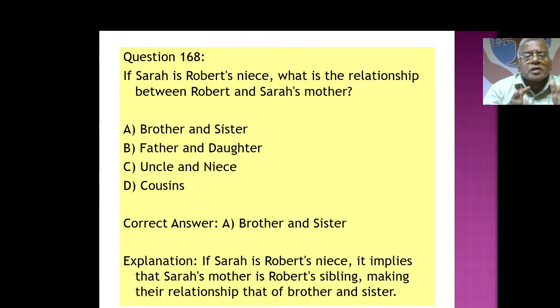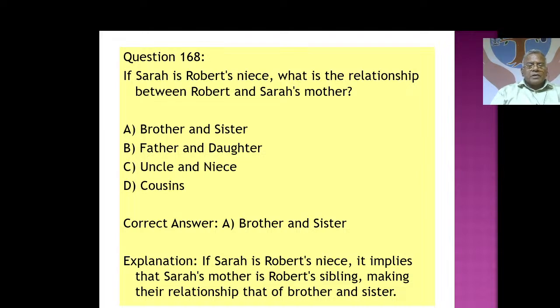If Sarah is Robert's niece, what is the relationship between Robert and Sarah's mother? If Sarah is Robert's niece, it implies that Sarah's mother is Robert's sibling. I mean, கூட பிறந்தவங்க. Sarah's mother is Robert's சகோதரி. Okay, Robert's sibling, making the relationship that of brother and sister.